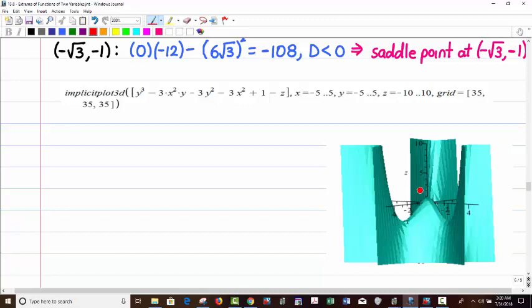There's the max right there, and this is a saddle, and this is a saddle. Then on the other side, there would be a saddle, the one that stems off of this one. You can't see it, but imagine that it's there. So that's it: a relative max, and then 3 saddles.